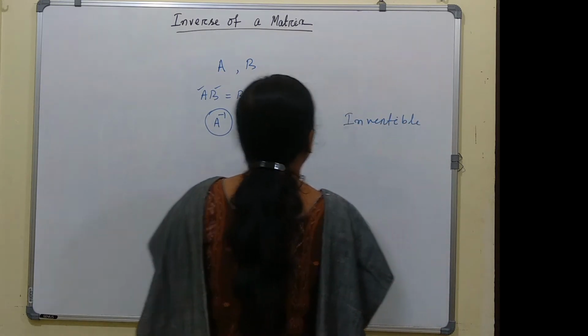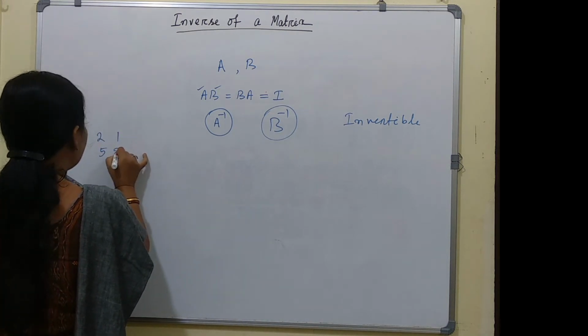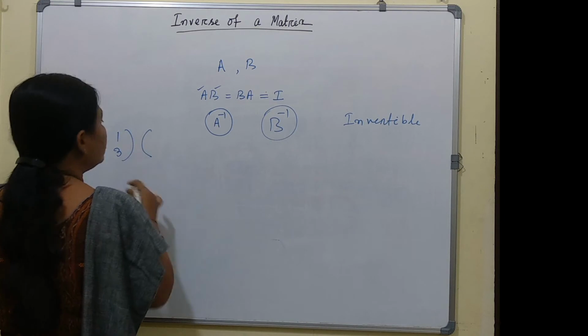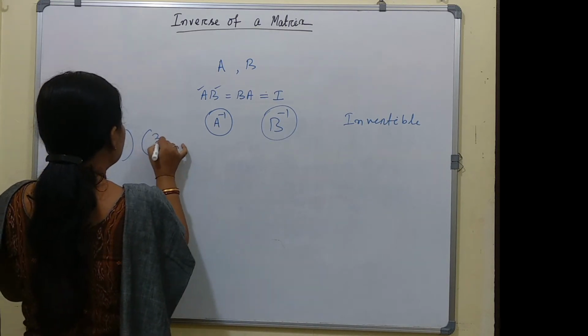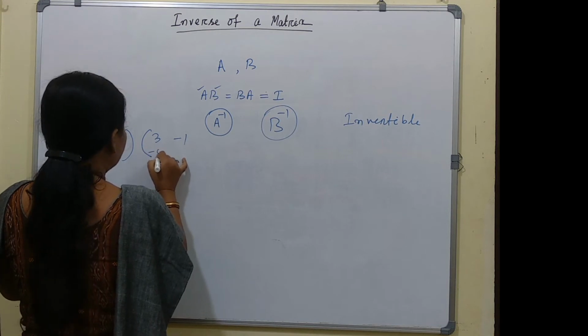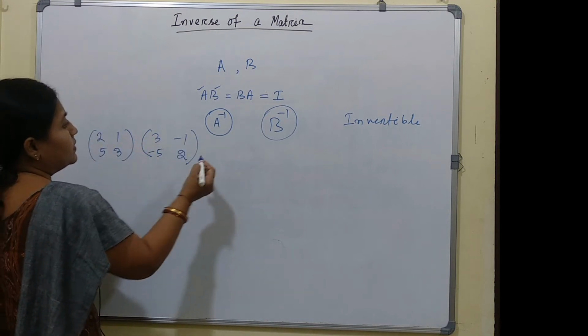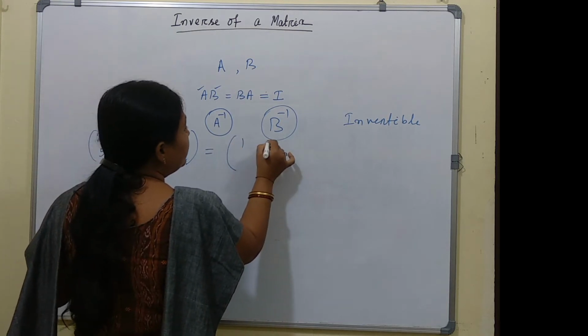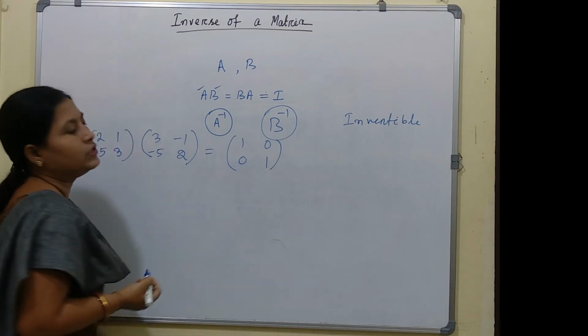For example, take two matrices of order 2: 2, 1, 5, 3 and 3, minus 1, minus 5, 2. Multiplying these two matrices, we get the unit matrix of order 2, that is 1, 0, 0, 1.